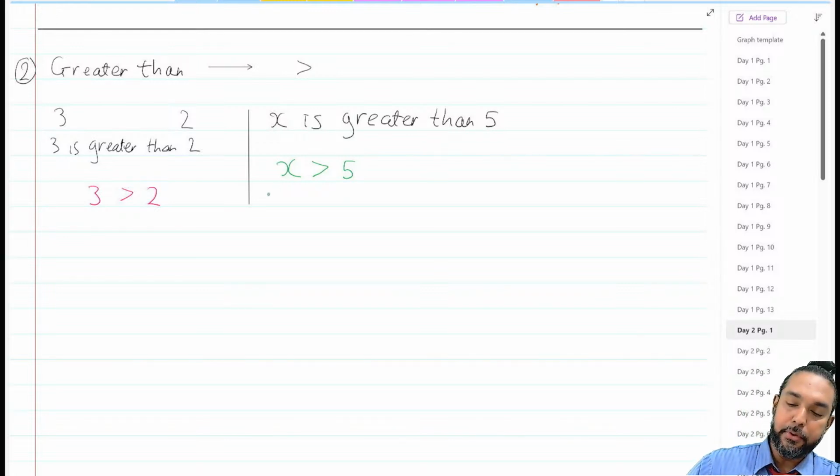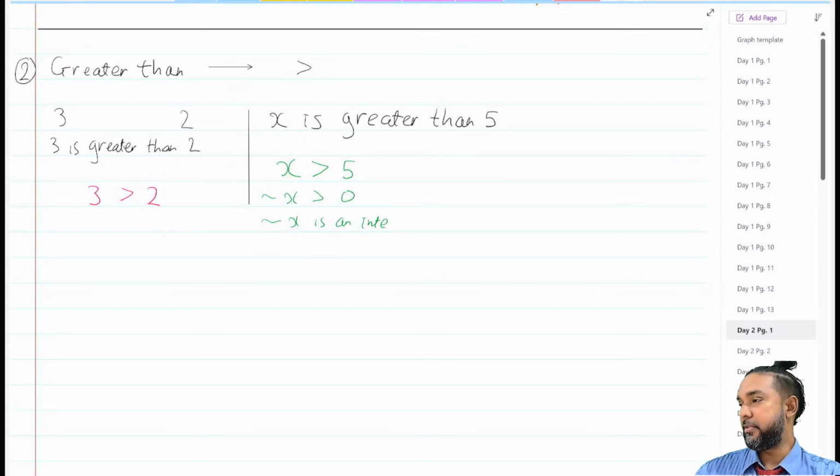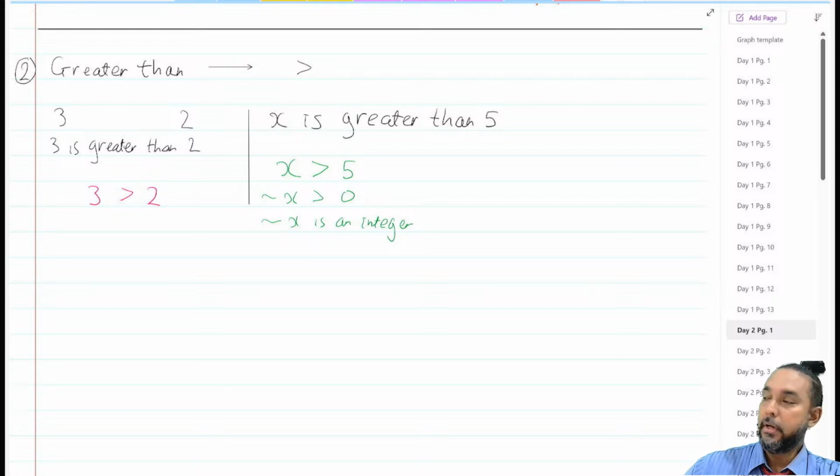And we're also told that x is positive and x is an integer. So greater than 0 means that it is positive. Well, if it's greater than 5, then it's also greater than 0 for sure. And if it's an integer, that means it's a whole number.